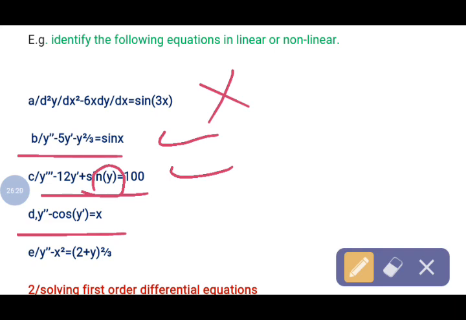In example D, on the second term, y is a product of a cosine function. Therefore, this is automatically a non-linear differential equation. What is example E? In example E, y is differentiated with respect to t, which is first or second order, of the first degree. Therefore, it is a linear ordinary differential equation.